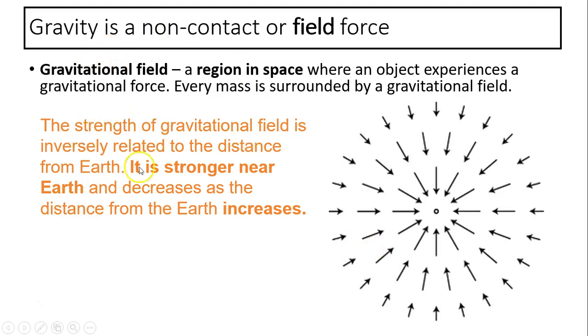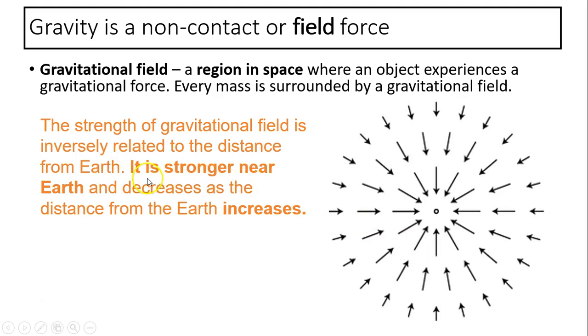The strength of the gravitational field is inversely related to the distance from the Earth. The gravitational field from you or me is very, very small. It cannot be detected by any instrument we have. But the gravitational field of Earth is very big because of its big mass, so that can be detected.